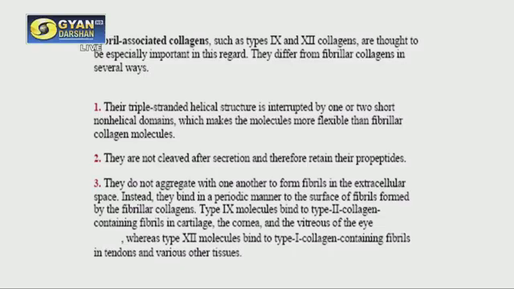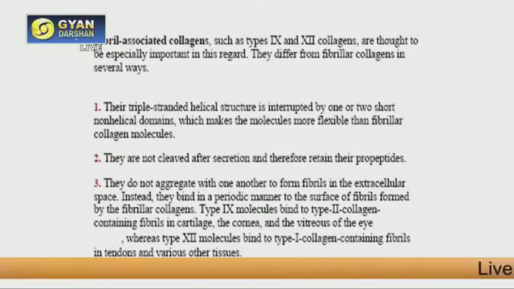For example, type 9 molecules bind to type 2 collagen containing fibrils in the cartilage, the cornea and the vitreous of the eye, whereas type 12 molecules bind to type 1 collagen containing fibrils in tendons and various other tissues.